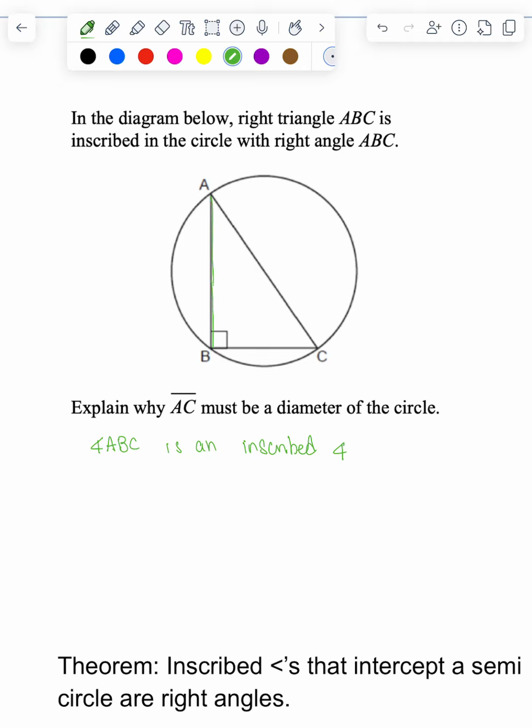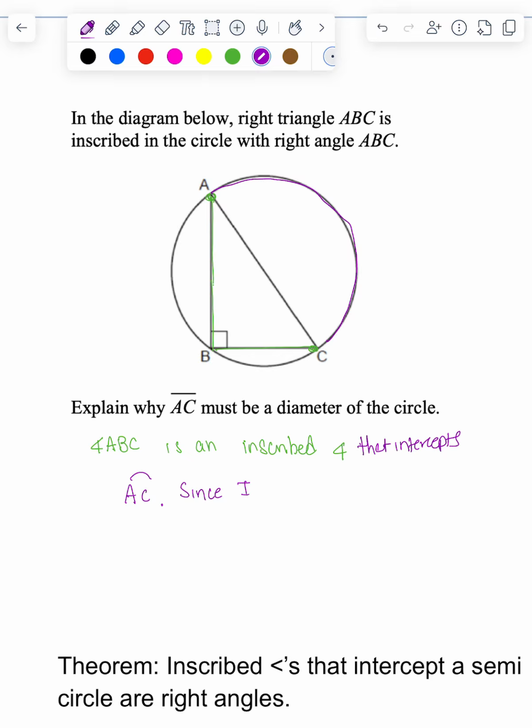And notice if I highlight it, it touches A and C. So its intercepted arc is AC. That intercepts arc AC.